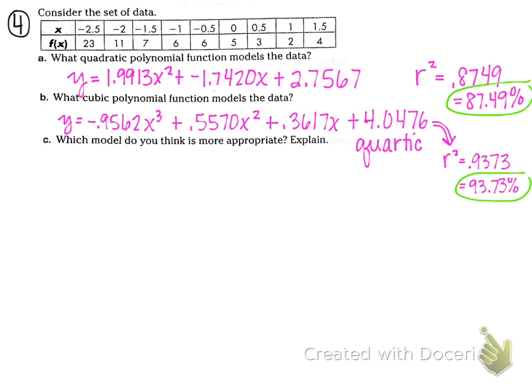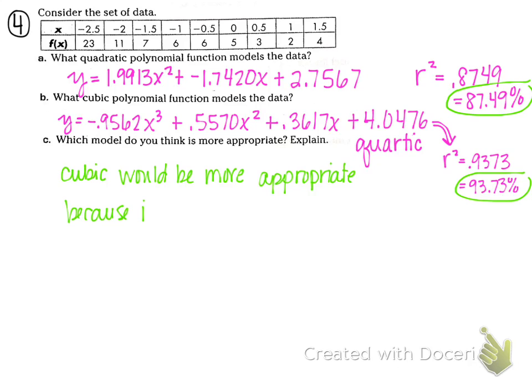So based on this one, actually, cubic would be more appropriate because it has a higher r squared value.